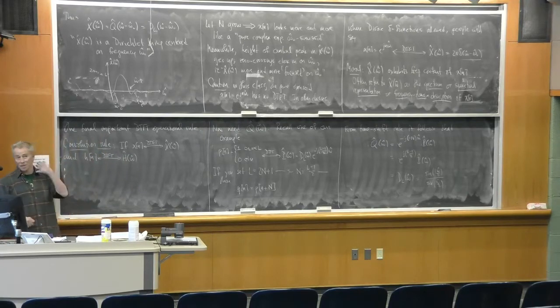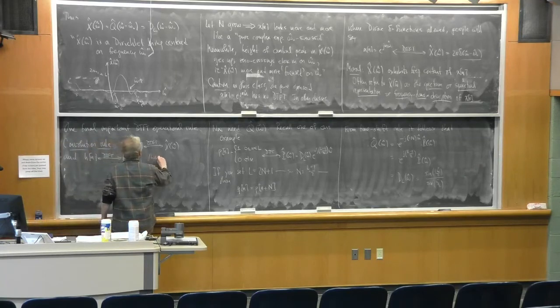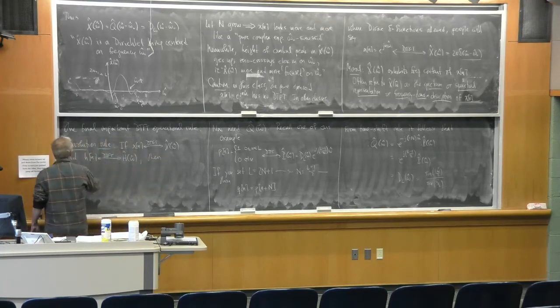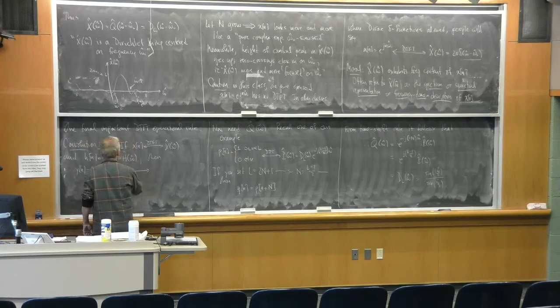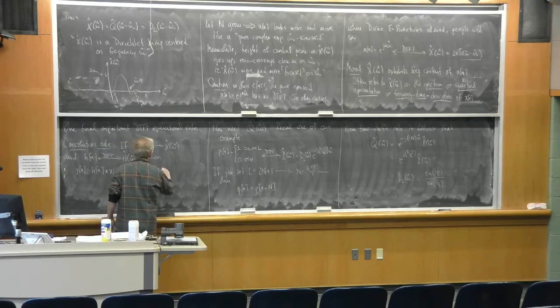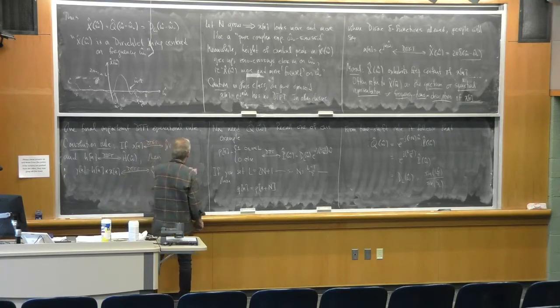That h suggests something to you, doesn't it? Then the signal y of n, which is the convolution of h and x, is going to have DTFT y hat of omega hat equals the functional product of h hat and x hat.